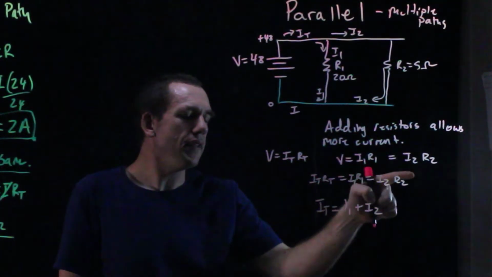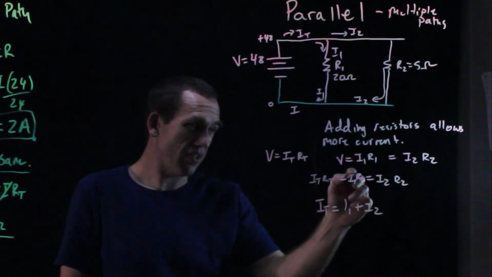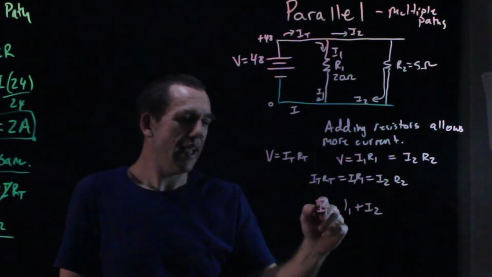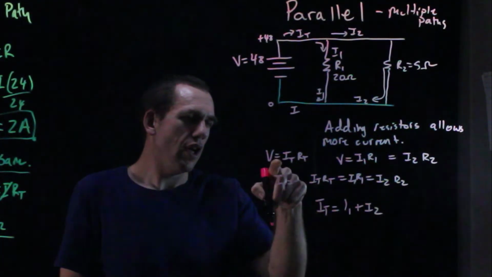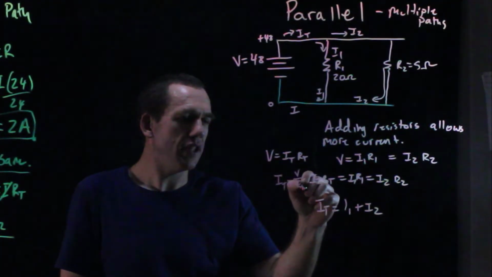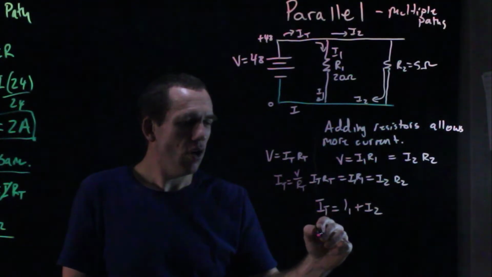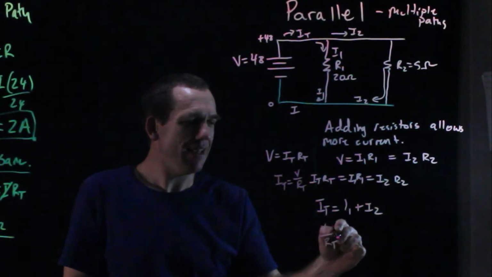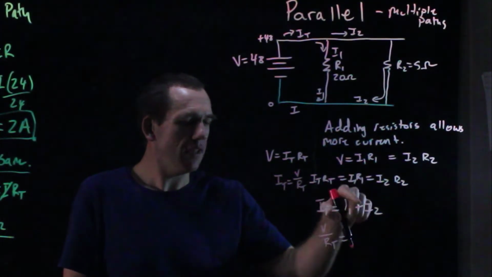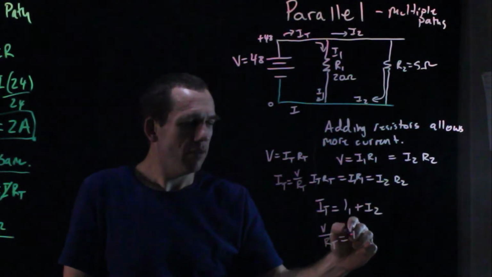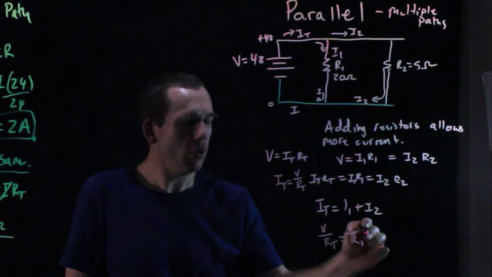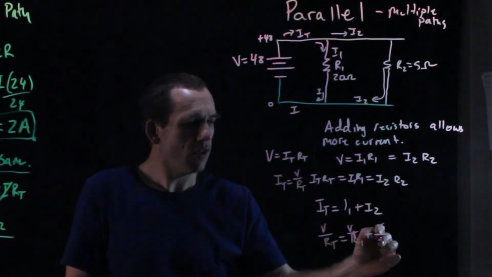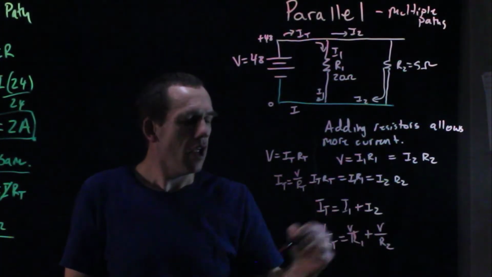Now, because all of these are equal to V, let's go ahead and solve these, right? So I have the total current, IT, is equal to V over RT. So I have V over RT is equal to, and then I1 would be V over R1, whoops, this isn't V1, all the volts are the same, over R1 plus V over R2, that's current.